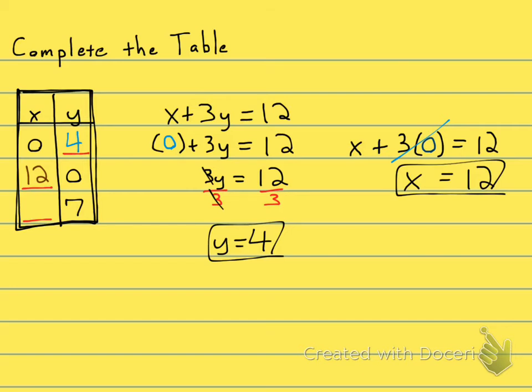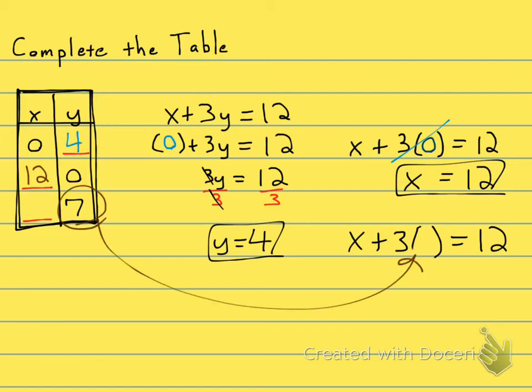We have to plug in a 7 for y. And then we're going to find out what we get for the x. x plus 3y equals 12. And for y, I'm going to plug in 7. So x plus 3 times 7, which is 21.